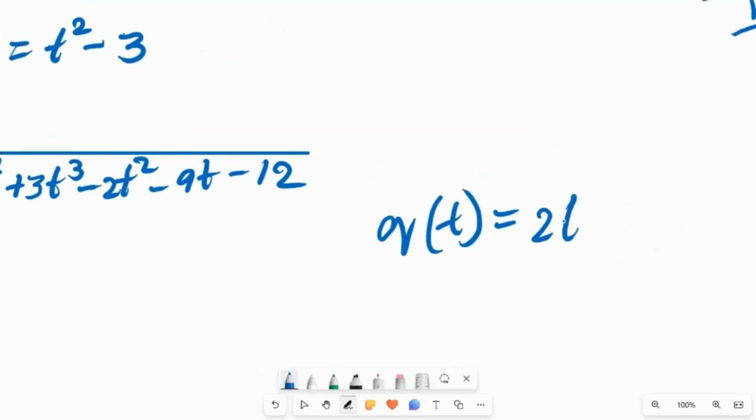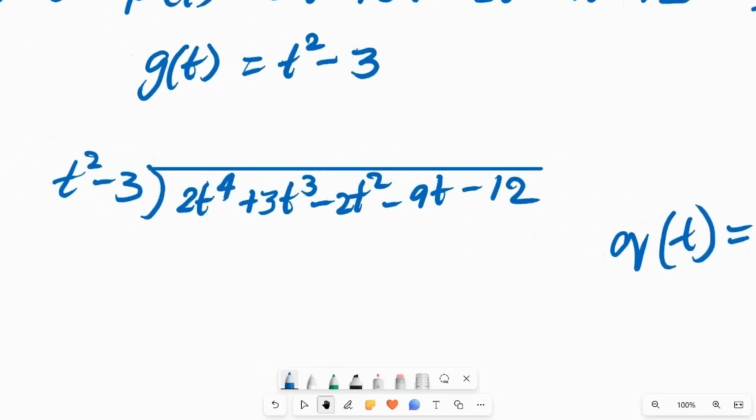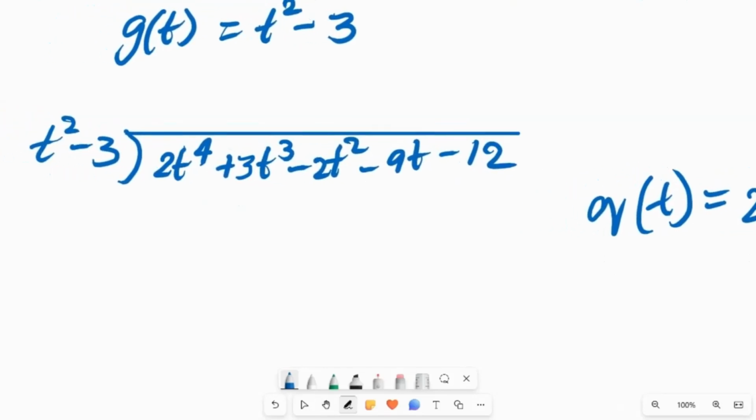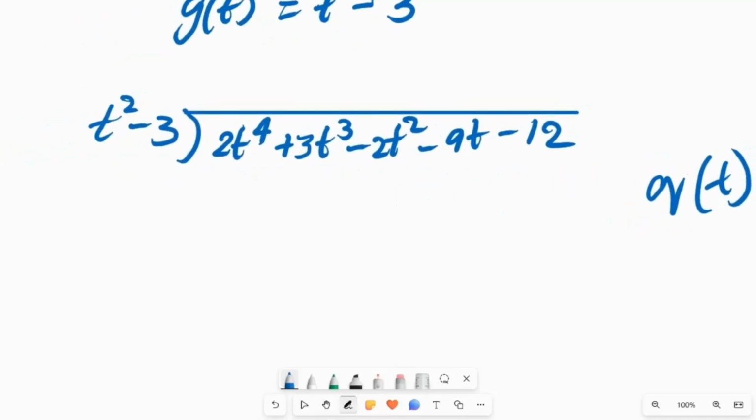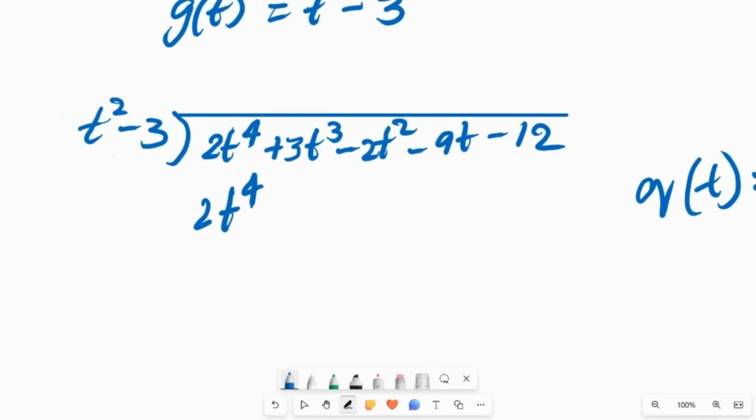If I multiply 2t square to the first term, which is t square, I would get 2t power 4. So let's multiply 2t square to all terms of g of x. So 2t square into t square is 2t power 4, and minus 3 into 2t square would be minus 6t square. So let's write it here. And since there is no t cube term, replace with 0t cube.